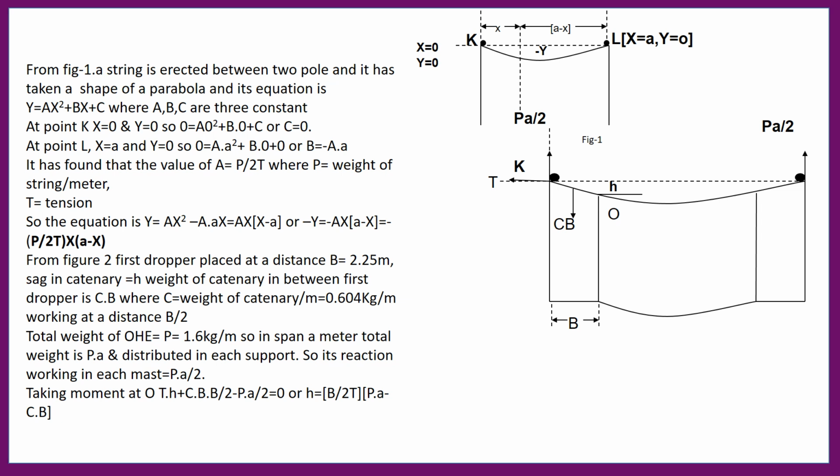So A is equal to p by 2t, and y is equal to p by 2t into x into a minus x. So now it is clear. Now we will put the value of x for the distance of the dropper, and it will give the result. Let's see how.